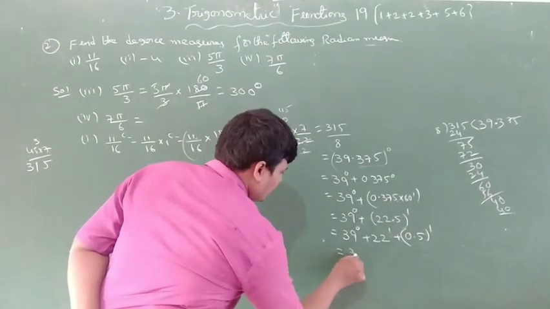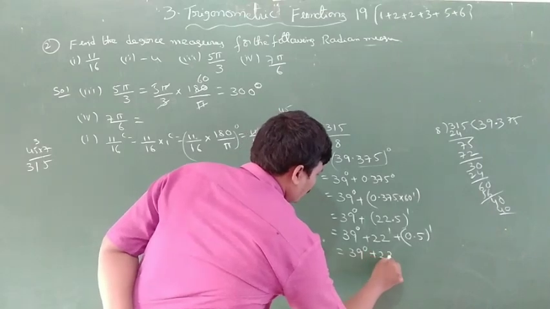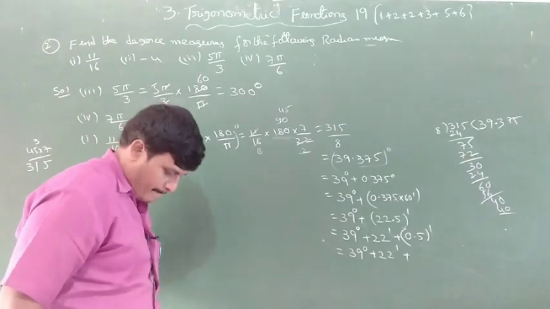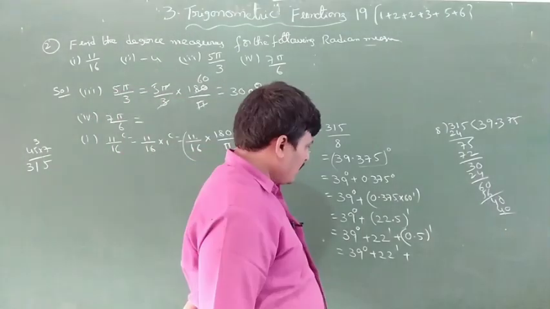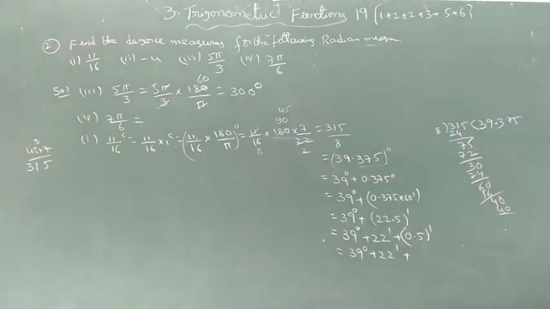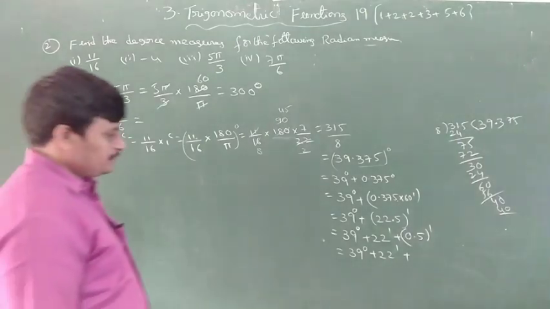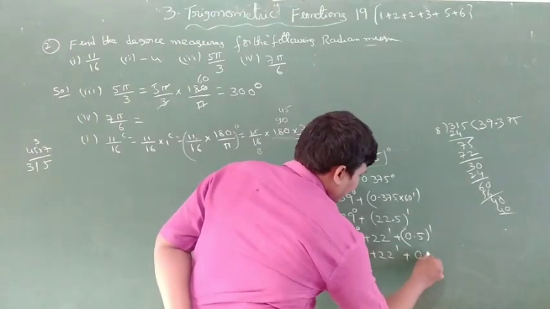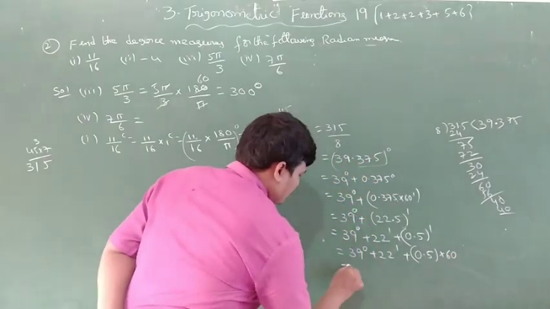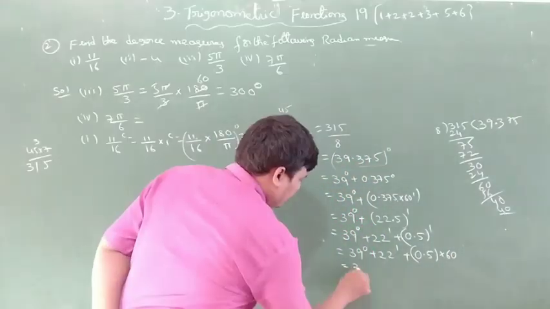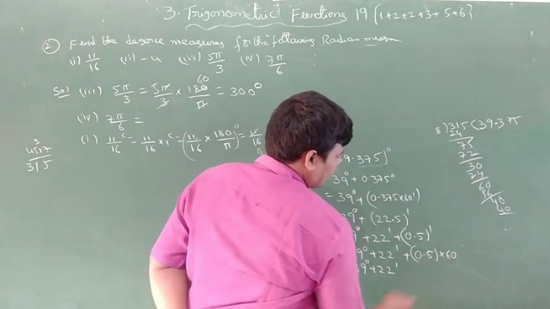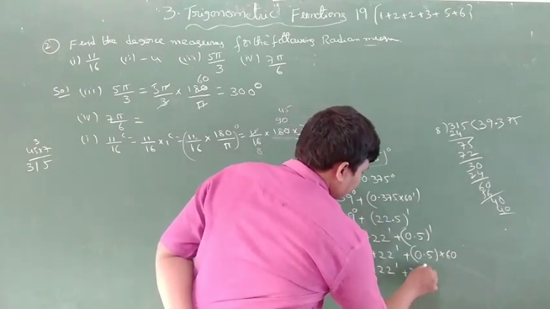So this is 39 degrees plus 22 minutes plus 1 by 2 minutes. 0.5 minutes converted into seconds, 0.5 into 60, that is 30 seconds.